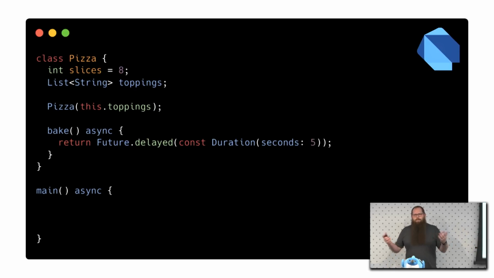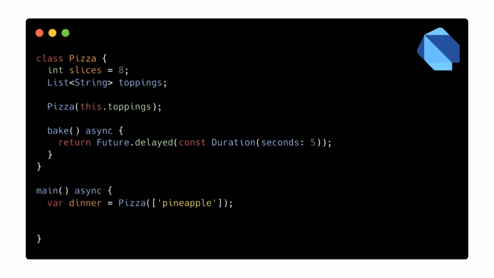So now we have to call it. With Dart, you define a main, and that's the default function that will run within your file. So we'll make this asynchronous. And then this is very similar, except there's no new keyword. That's because in Dart 2, new is optional.